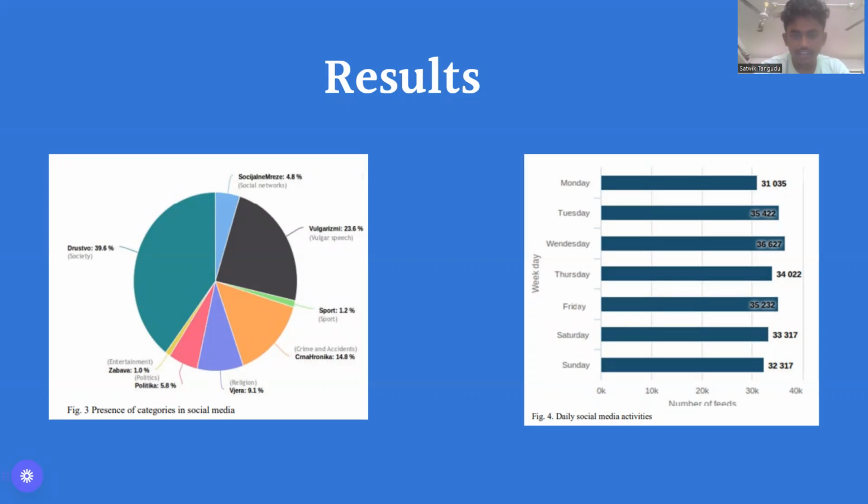In the figure on the right side, they described different daily activities on social media according to the day of the week and time of day, and various social media posts or comments are displayed. With the exception of Tuesdays through Fridays, when there are slightly more posts and comments, there are fewer on Saturday, Sunday, and Monday.